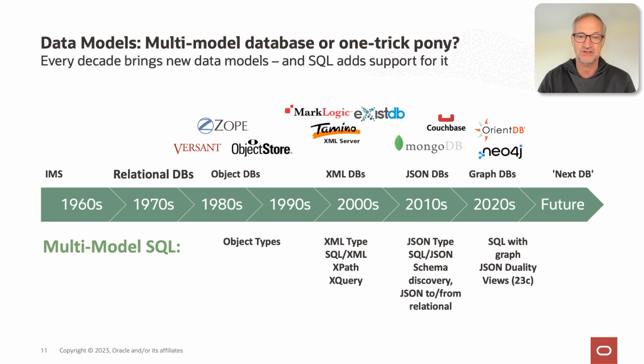We saw object types come and go, and with the single-purpose databases, we saw XML coming, JSON coming, graph coming, and now the next DB is, if this slide is shown in 6 months from now, there might be vectors written on it. So it's going to continue, and in 10 years from now, who knows how the slide looks, but the Oracle multi-model approach will continue at the bottom of it.